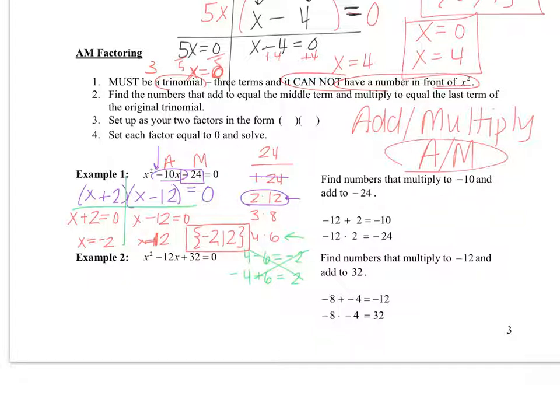All right, and our last example is x squared minus 12x plus 32. So again, I'm going to label my a and my m because I'm adding and multiplying. There are 3 terms here. There's no GCF, nothing in common. So I put my a and m, and now I have to come up with numbers that multiply to 32.